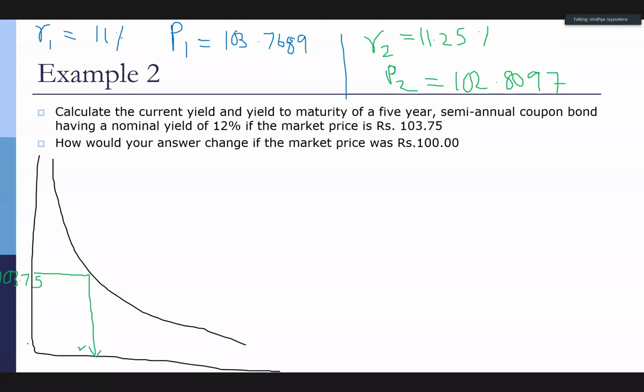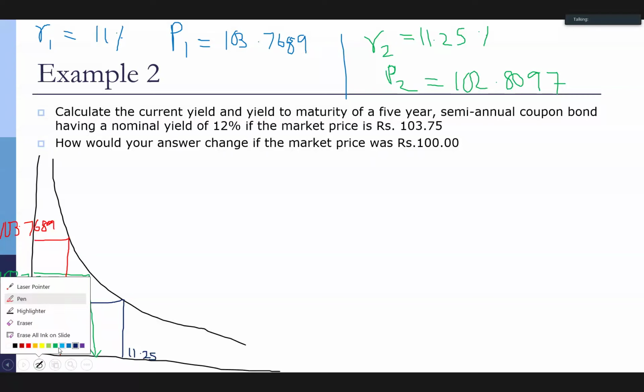We know that when R is 11%, price is 103.7689, and at 11.25, price is 102.8097.